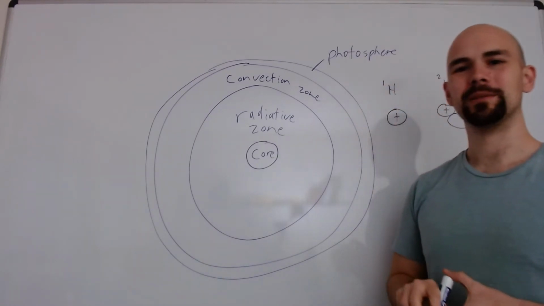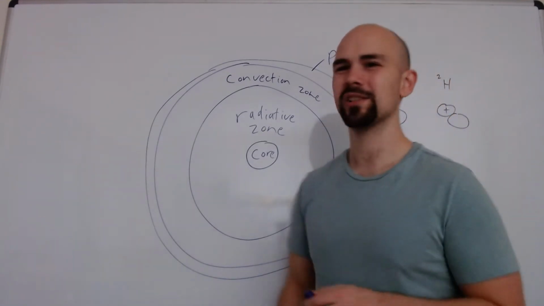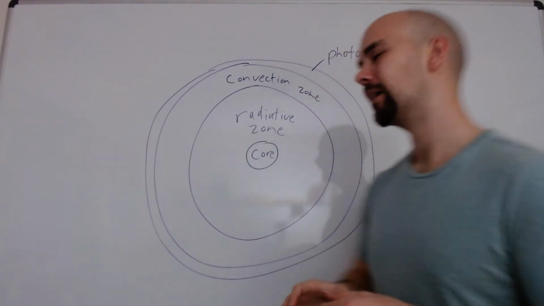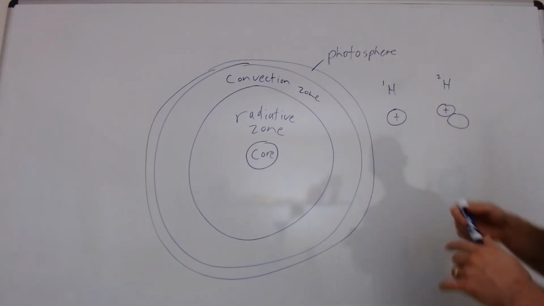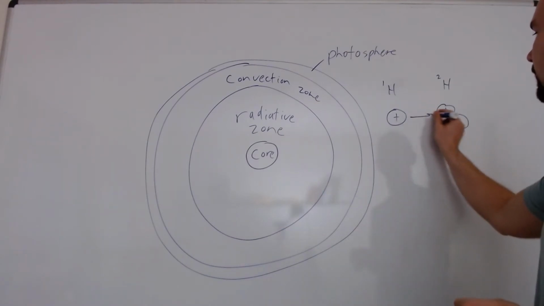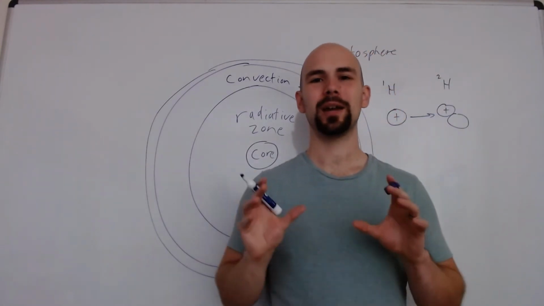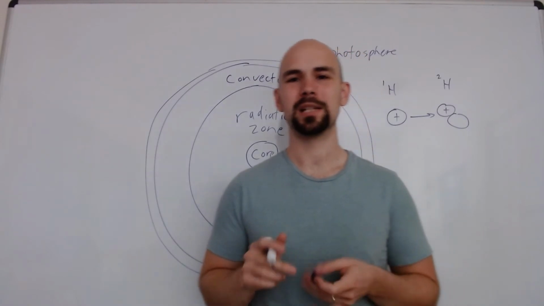And why do they not have electrons? It's because of the conditions in the core. It's got so much pressure and so much heat that the electrons are actually going to be stripped off of these atoms. And remember, with heat you're adding motional energy to the matter. That's what heat basically is.